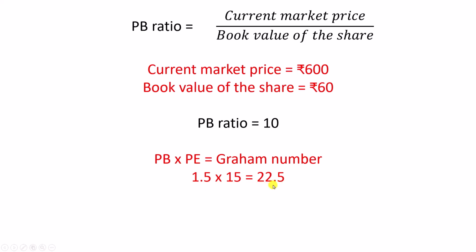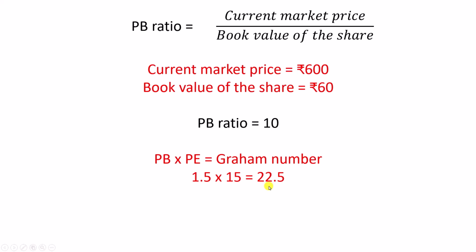If it is less than 22.5, then the stocks or the shares are priced at a very reasonable or cheap rate. That is what the Graham number says. Okay, so we take this as reference. We do not take the PB ratio alone or the PE ratio alone, but we take this and we want it to be less than 22.5.